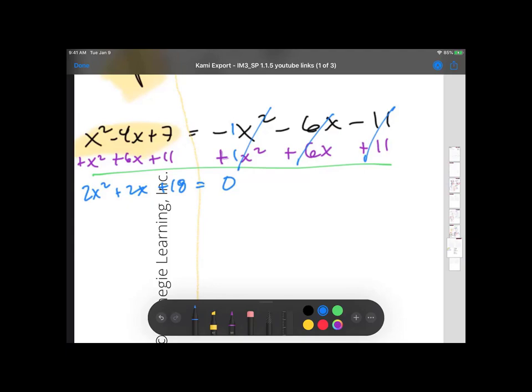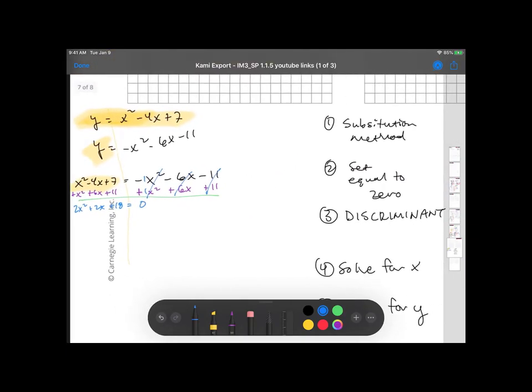All right, let's review what we've done. We've done the substitution method. We've just set it equal to 0. Let's go ahead and check our discriminant. You have to check the discriminant, b squared minus 4ac. My b value is 2, my a value is 2, and my c value is 18.